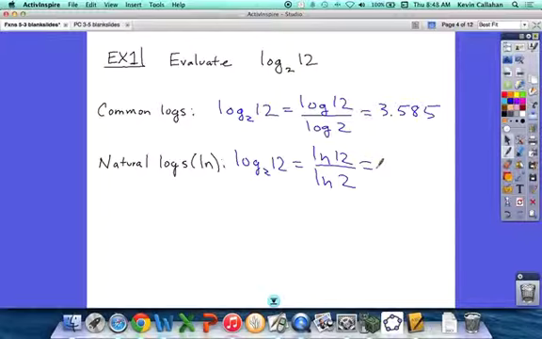And it should be exactly the same thing, because it doesn't matter what base you change it to, you should get the same decimal value. So that would be 3.585. There's more on the end of that, but just rounding it off. That's how change of bases work.